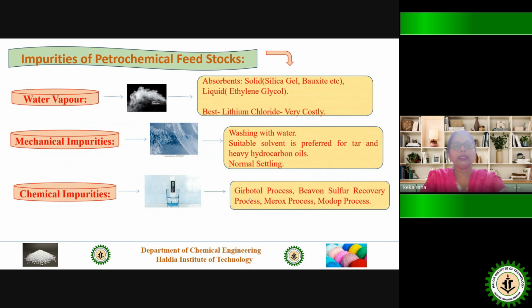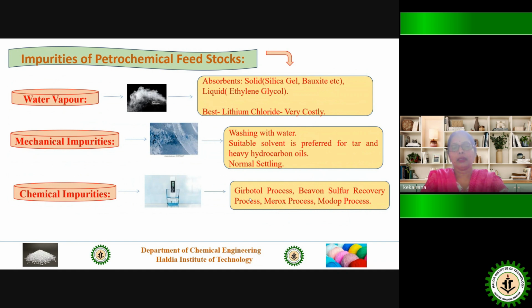Then we think about the chemical impurity. As I said earlier, depending upon the orientation and creation of the crude oil, it may contain different other components. We are very familiar with the fact that, depending upon the place, sometimes we get brown crude oil, sometimes red, sometimes green, sometimes black.